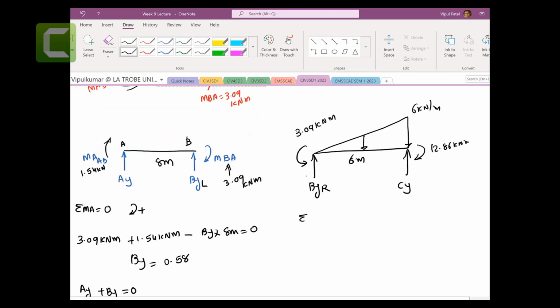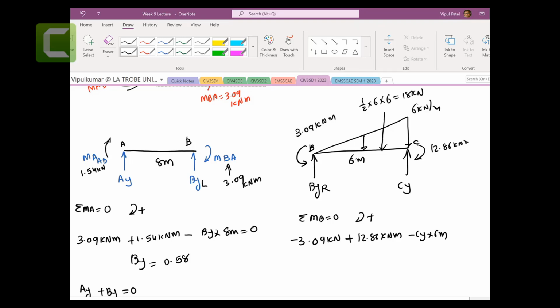Similarly, we can do the sum of the moment, let's say B and C. Sum of the moment at B equals 0. Let's say clockwise positive. So this one minus 3.09 kilonewton meters anti-clockwise plus 12.86 kilonewton meters, these moments. Then minus CY times 6 meters. And probably this one would be your 1/2 times 6 times 6, so 36 over 2 is 18 kilonewtons.